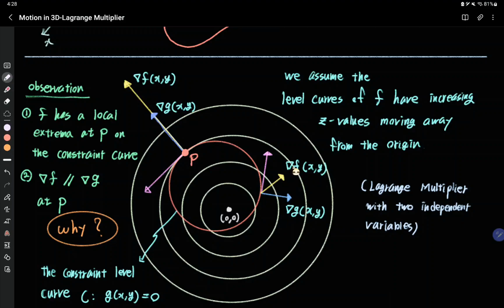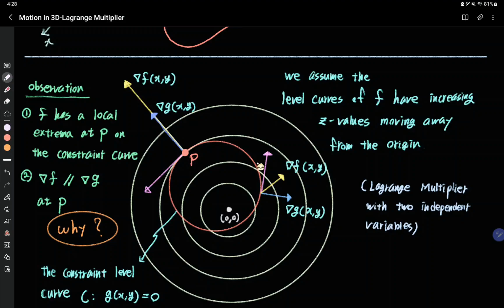The gradient f must be orthogonal to the tangent vector of any level curve, right? So it's the next level curve, and then that level curve. For every single level curve, gradient f must be orthogonal to the line tangent to each level curve. So that's why the gradient f points like this.